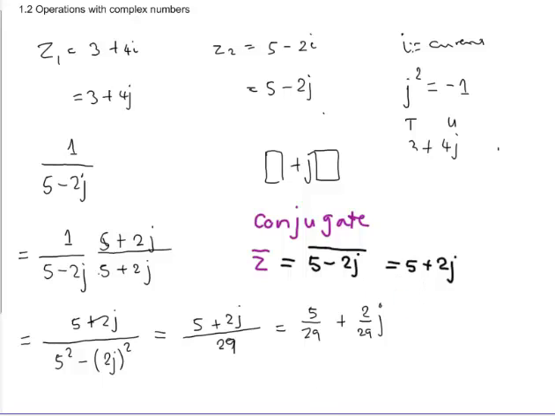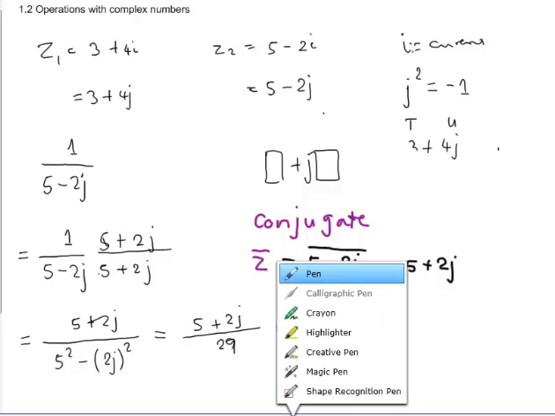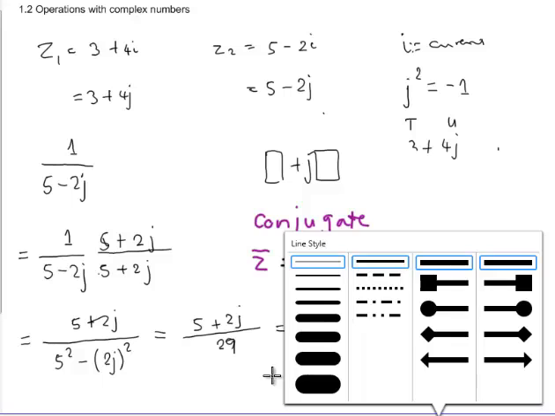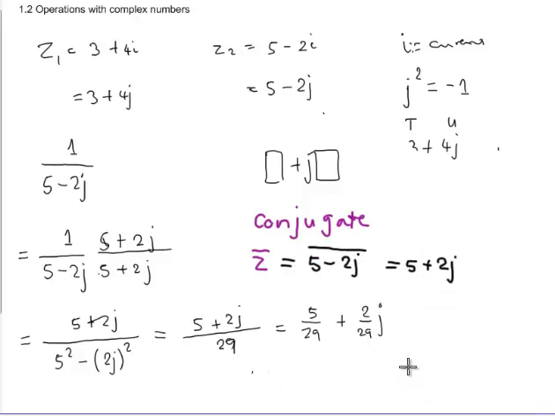Okay. Notice one thing here. If you are talking about a conjugate of a complex number, complex numbers are represented on a plane. Let's say here I've got 3 plus 2J on this side. Conjugate, you change this sign.